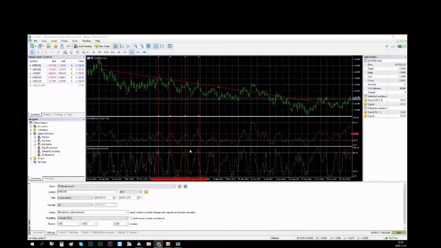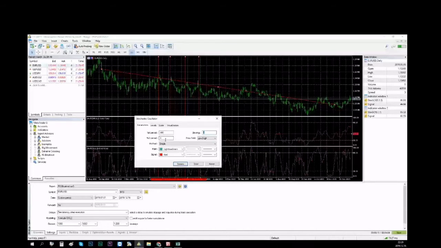And I'm always using stochastic like that. I'm using one here, not slowing, because I don't like moving averages, because a moving average shows you lagged prices.